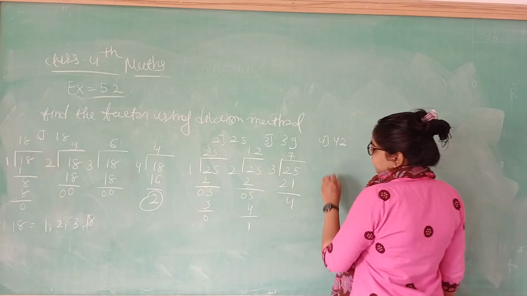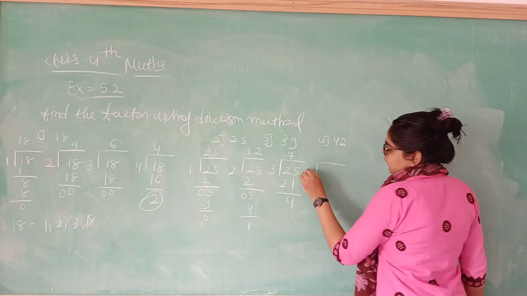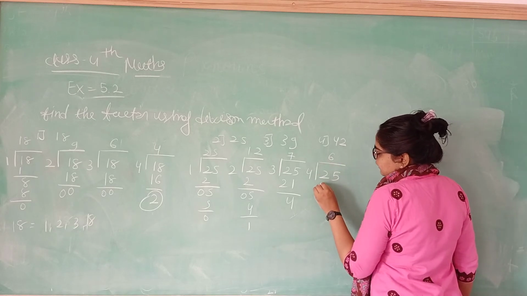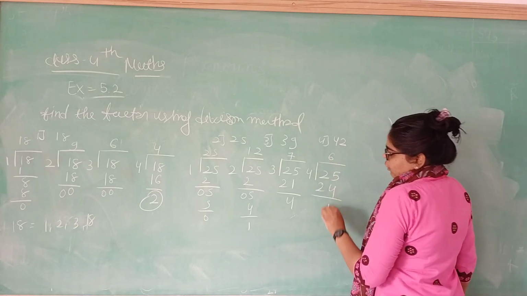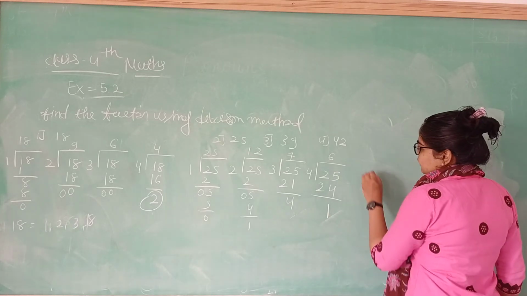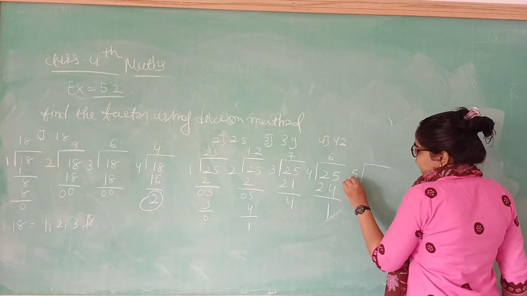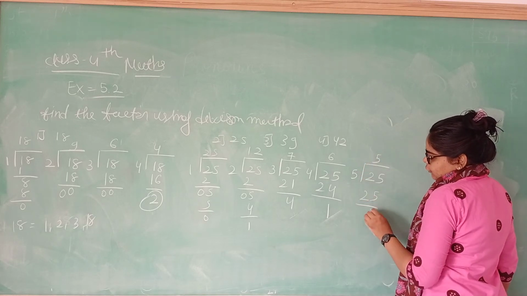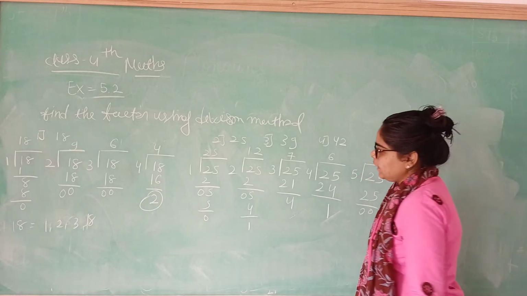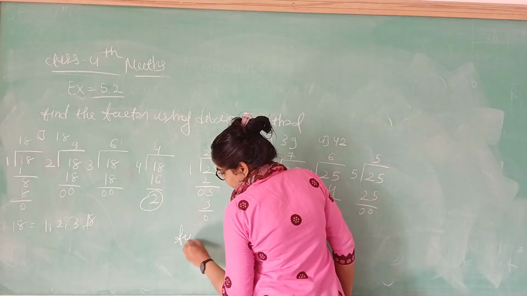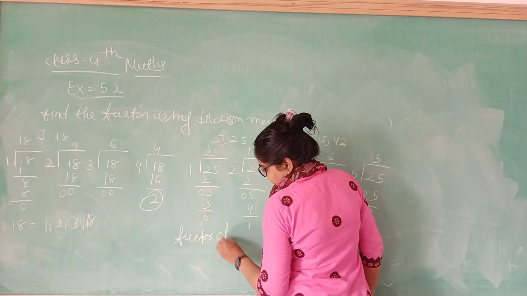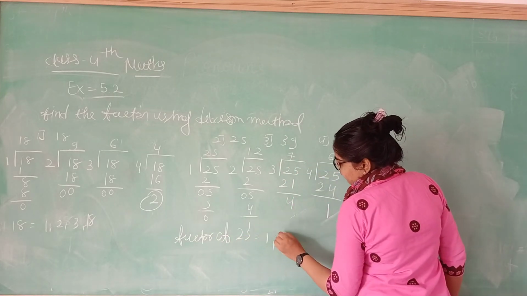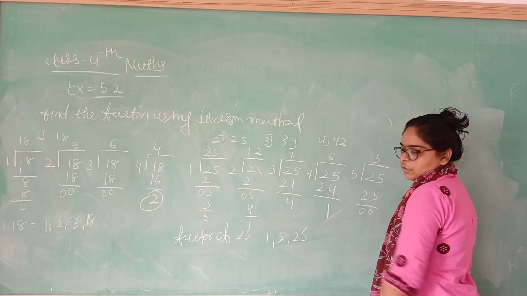So 3 is not a factor of 25. Then 4: 4 6s are 24, also a remainder of 1 is there. So 4 is not a factor of 25. 5 5s are 25, so 5 is a factor of 25. So the factors of 25 are 1, 5 and the number itself.